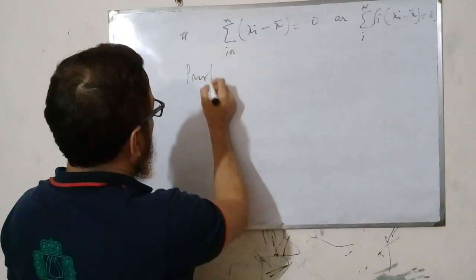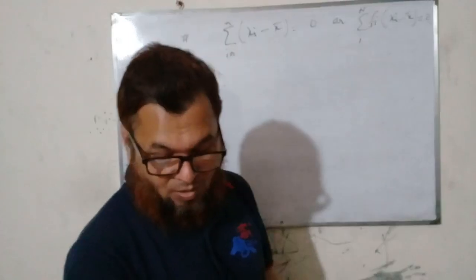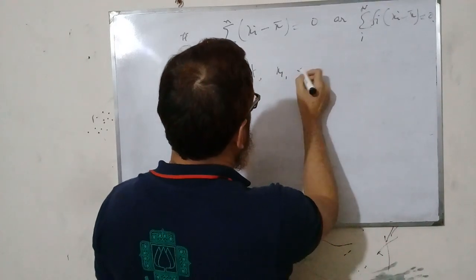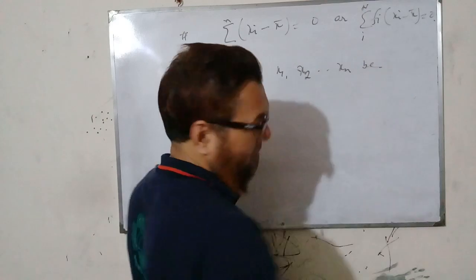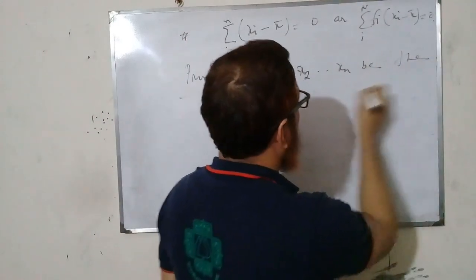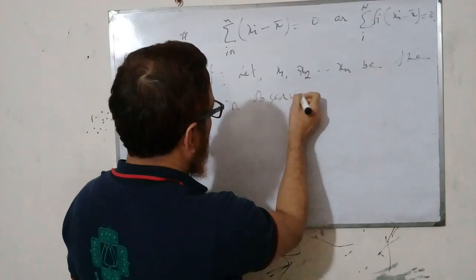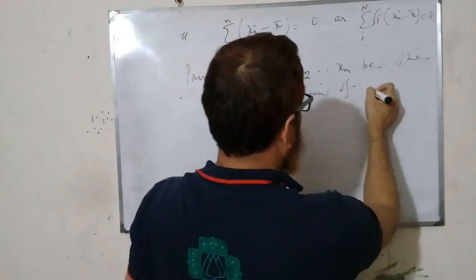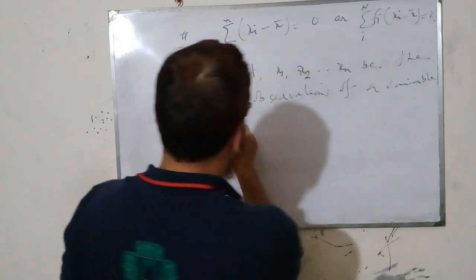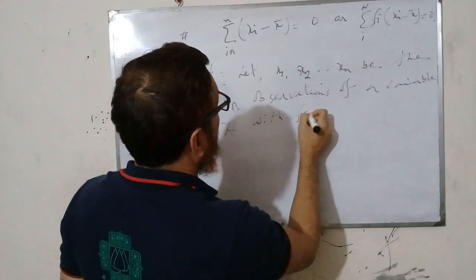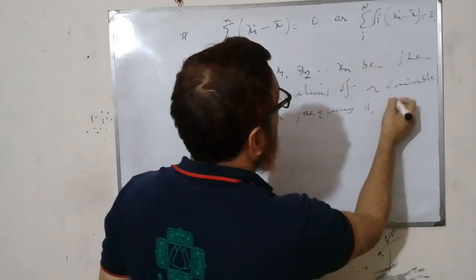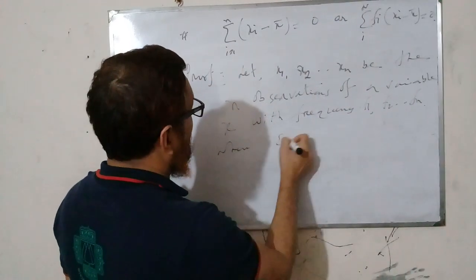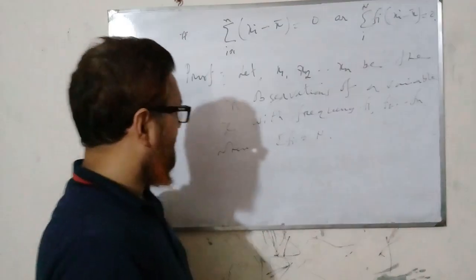So let x1, x2, ..., xn be the n observations of a variable x with frequencies f1, f2 up to fn, where summation fi equals n.